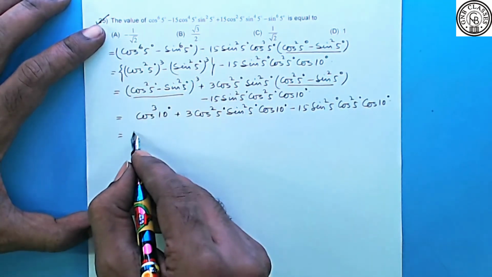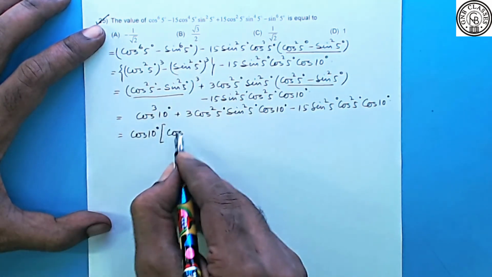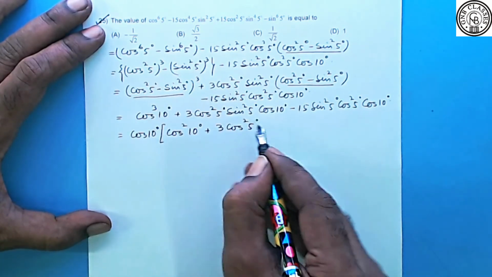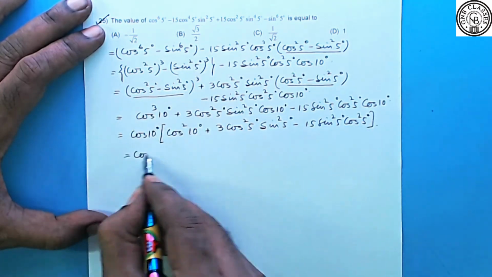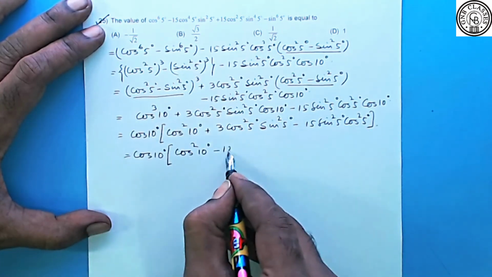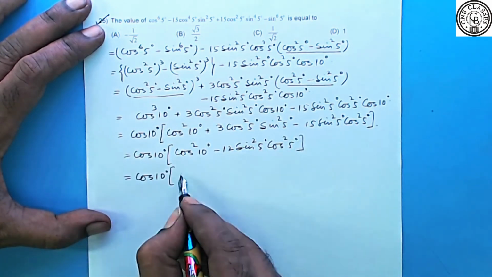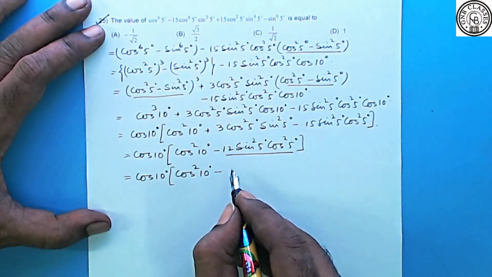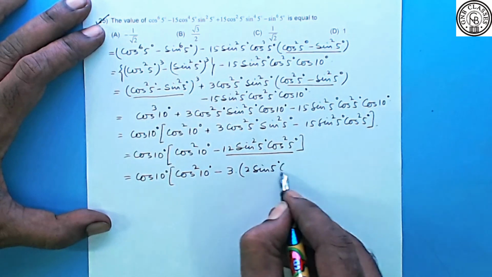Now let me take cos 10 degree common. So we are left with this part, which can also be written as 3 into 2 sin 5 degree cos 5 degree whole square.